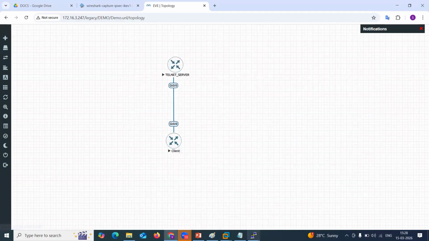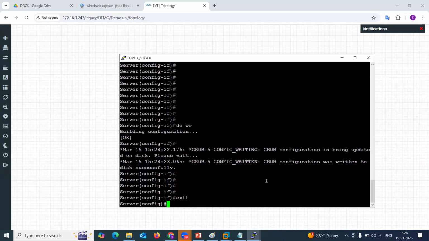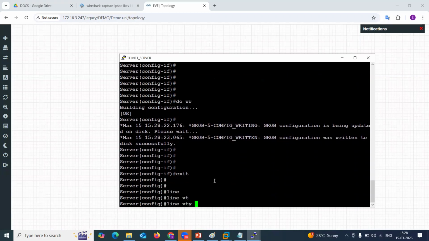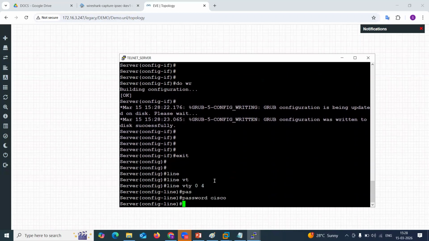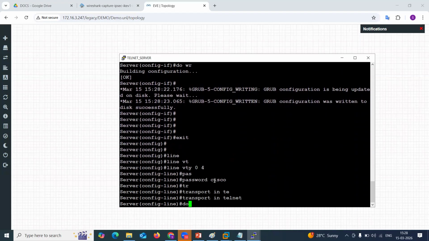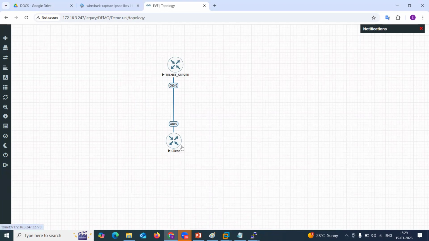Guys, on the server, I'll enable telnet. Line vty 0 4, password cisco, transport input telnet, done. I'll go to the client and I'll telnet the server. But before that, I want to capture a packet.